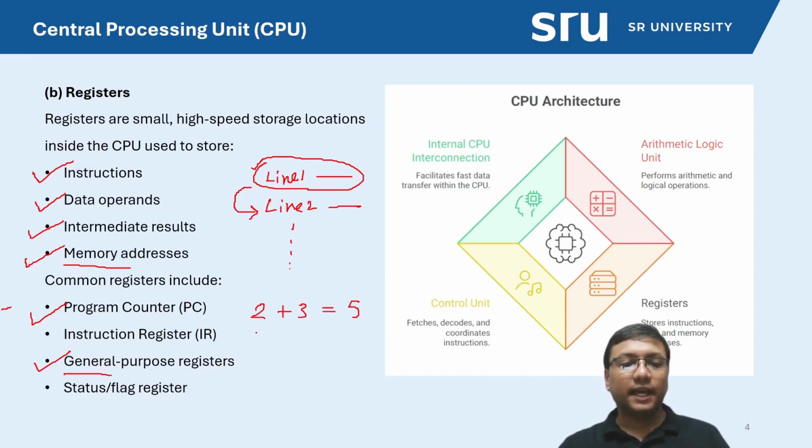So suppose I first store 2 in a general purpose register named R1, and I store 3 in another general purpose register R2, and after the operation is done by the arithmetic and logical unit, finally I store this value in register R3. These types of registers are called general purpose registers.